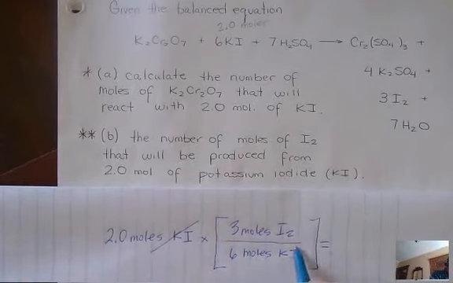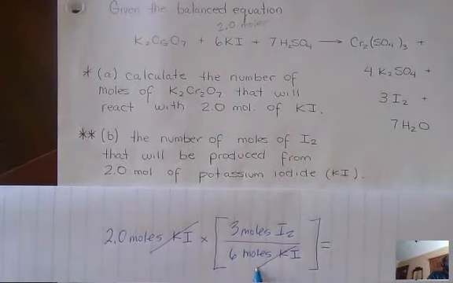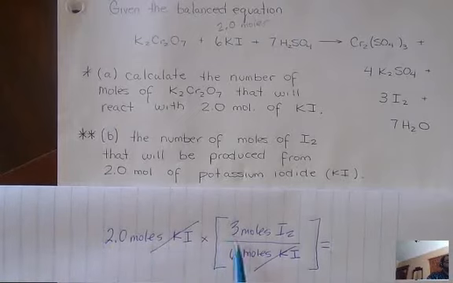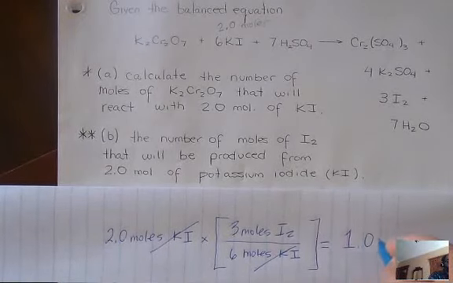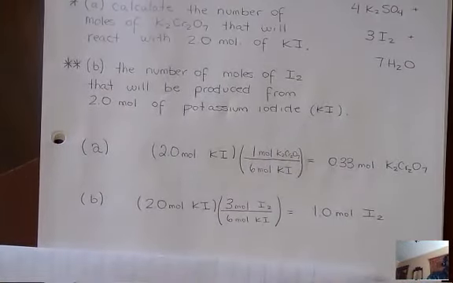This has to cancel. Moles of KI cancels with moles of KI. So I have 3 times 2 is 6, divided by 6 is equal to 1. So this should be equal to 1 mole, right? And that should be moles of I2.